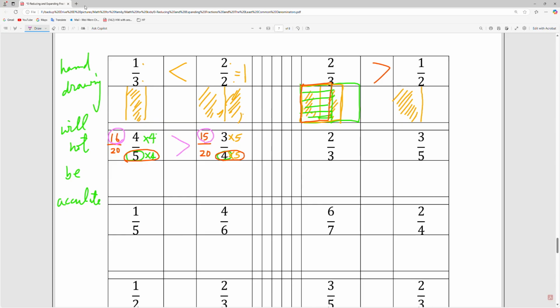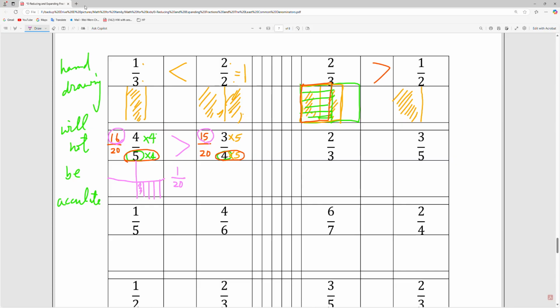You can see their difference is just 1, and the denominator is 20, so 1 over 20, if you really want to draw a picture, is really, really small.